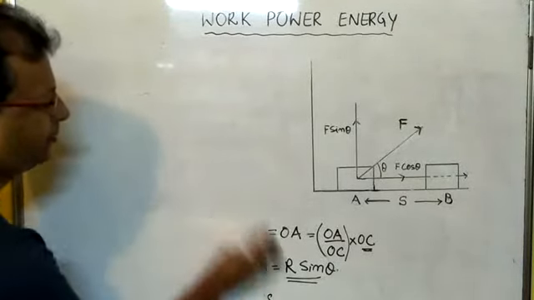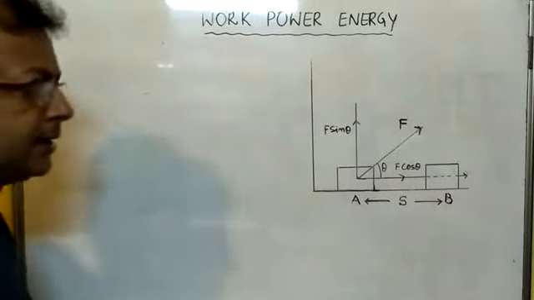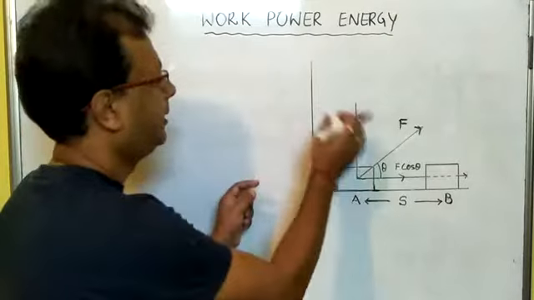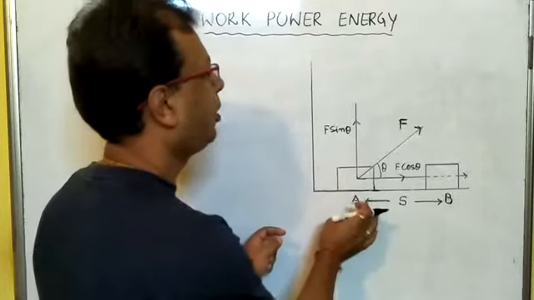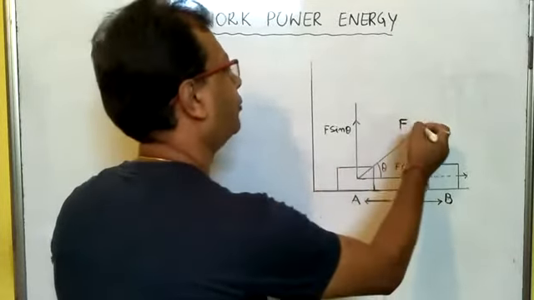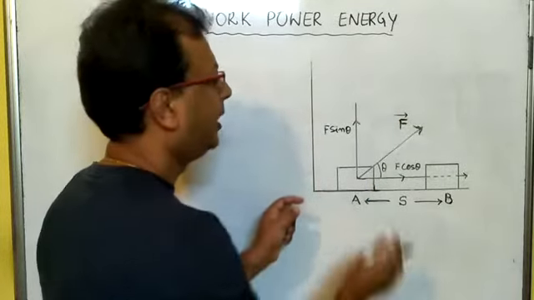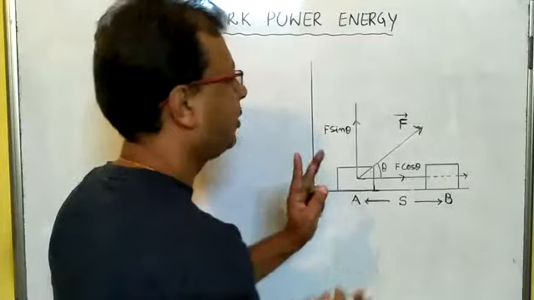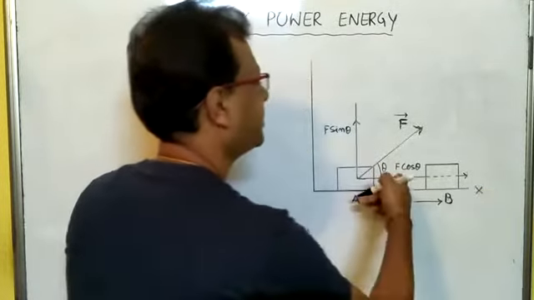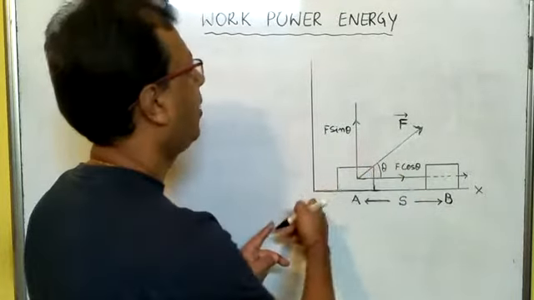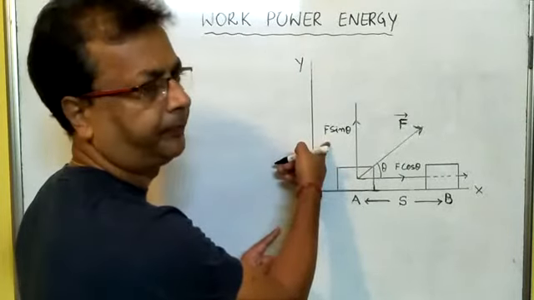Now let us find out the definition of work and see. Let us consider an object placed at the point A. Now this object is pulled by a force F. This force F is resolved into two components: one along the x-axis, F cos theta, and one along the y-axis, F sin theta.